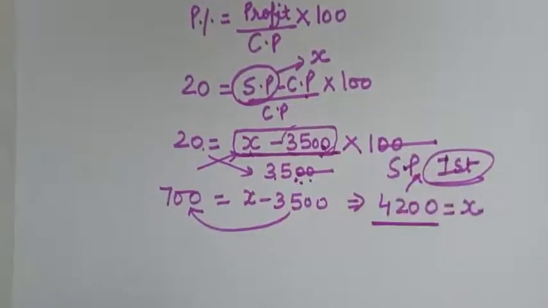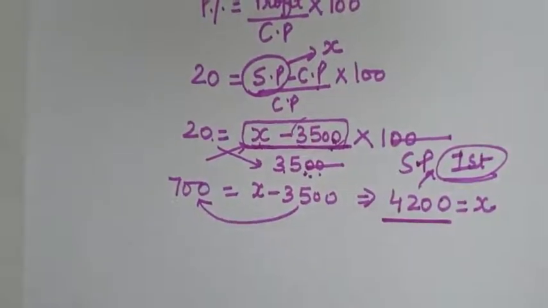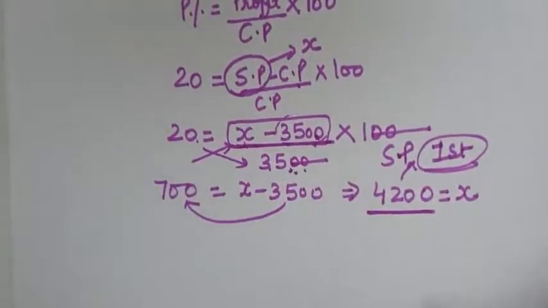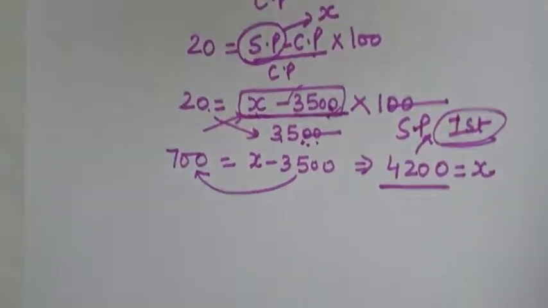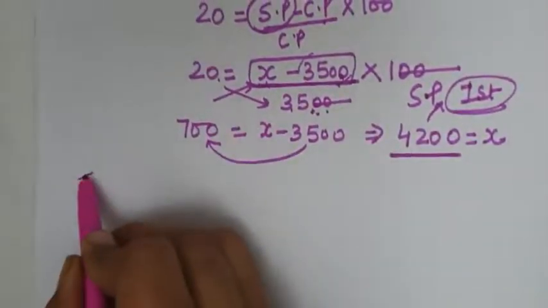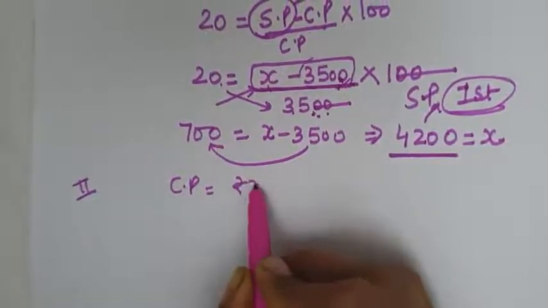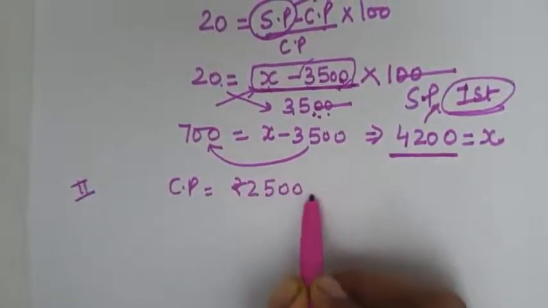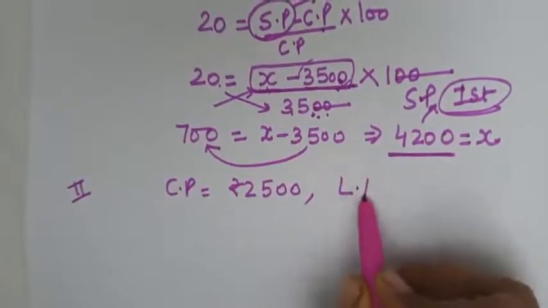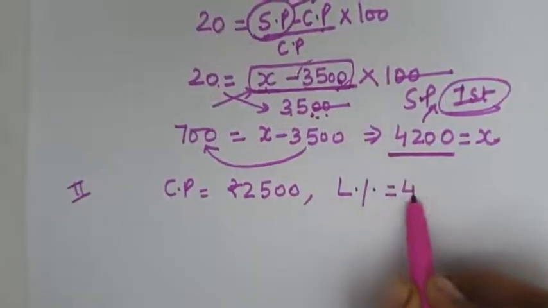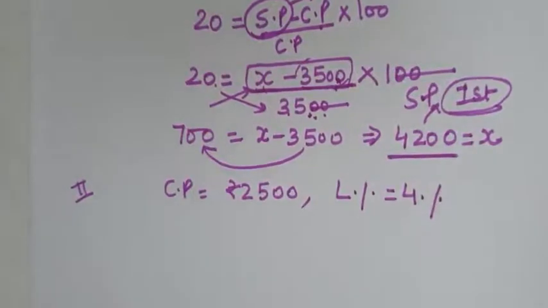Clear? Now students, in the second case, they have given you the cost price, that is 2500, and the loss percent is given to you, 4%.